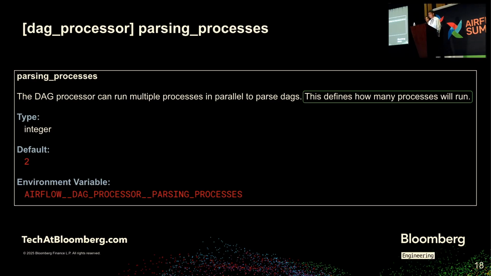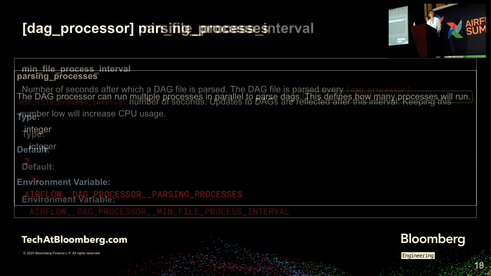After experimenting with different values of this variable, we eventually settled on a configuration that worked best for our environment. And the result was it significantly improved the per iteration processing speed. So now that we managed to have each DAG processing cycle run faster and within an acceptable time frame, our next goal was to have the DAG processor parse the files more frequently.